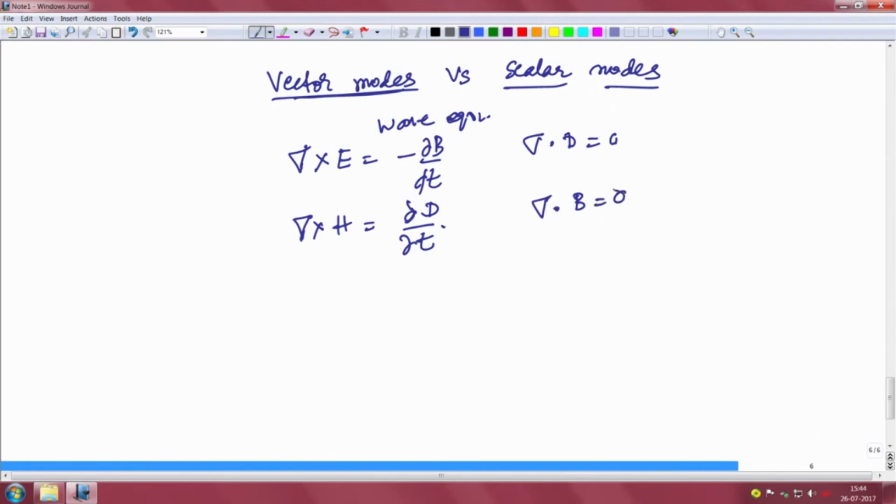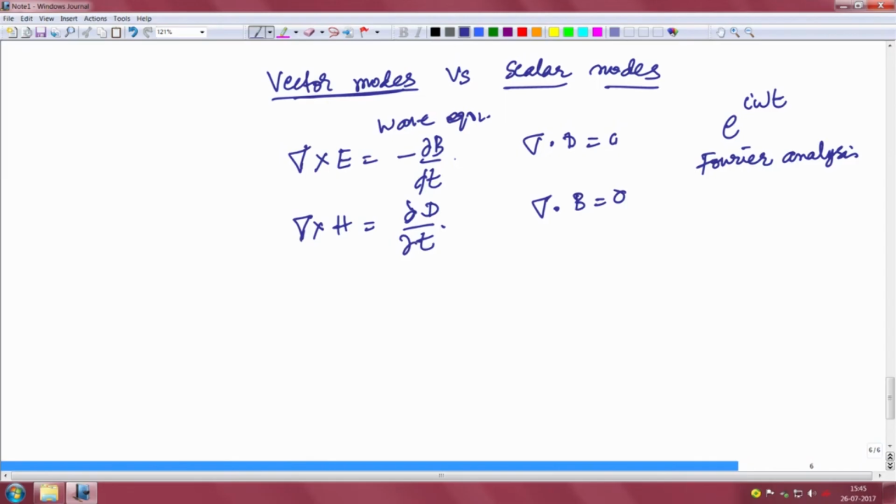I am considering a uniform medium, and the time variation could be reduced by taking e power i omega t as the time variation of the field, which implies that we are doing a Fourier analysis. So, all the electromagnetic fields are replaced by the Fourier coefficients.